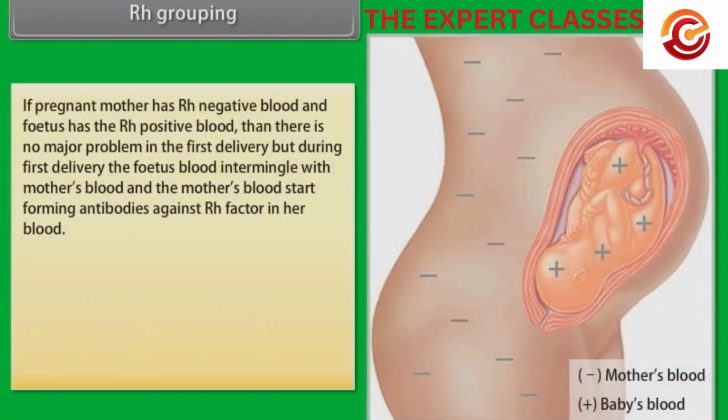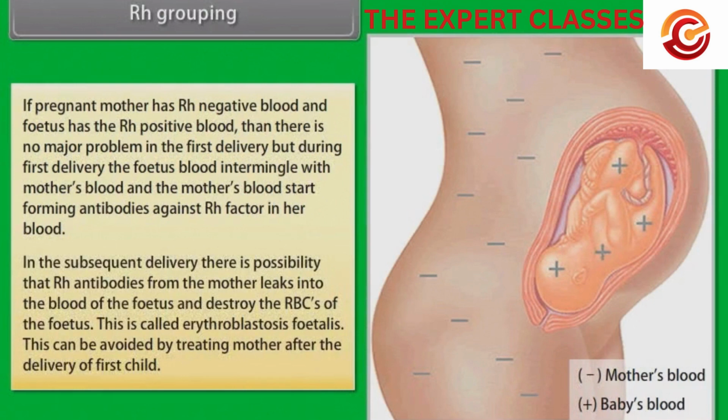If a pregnant mother has RH negative blood and the fetus has RH positive blood, then there is no major problem in the first delivery. But during the first delivery, the fetus blood intermingles with mother's blood and the mother's blood starts forming antibodies against RH factor in her blood.